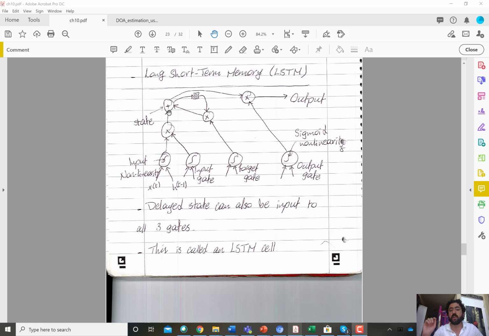Then the current state has a delay, right? This is a delay by one time step, and then a multiplication by the output of the forget gate to determine how much we are keeping the previous state, how much we are letting affect the current state. Next time we'll discuss the output gate and how that could be useful, okay?